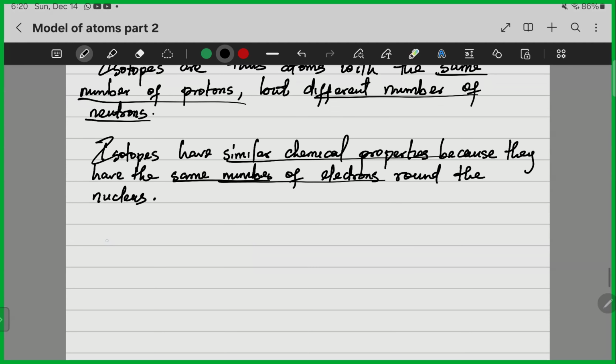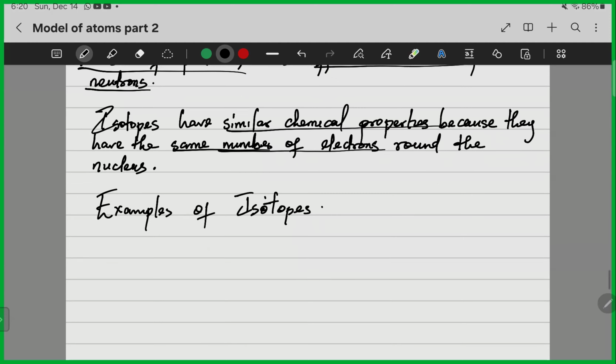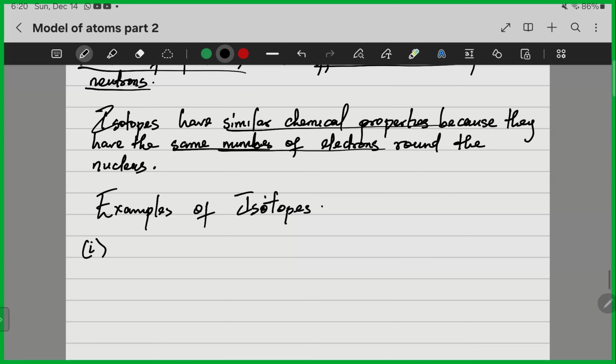Another thing, let me mention examples of isotopes. Let me give one here. You have chlorine-35, with atomic number 17, and that one has 17 protons and obviously 18 neutrons, because once you add that, that's what gives you 35.